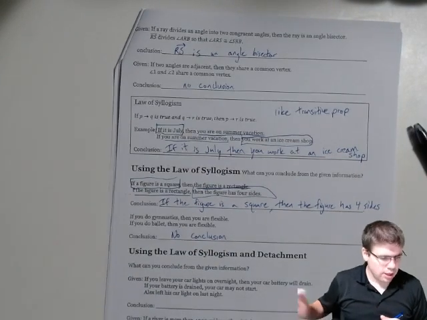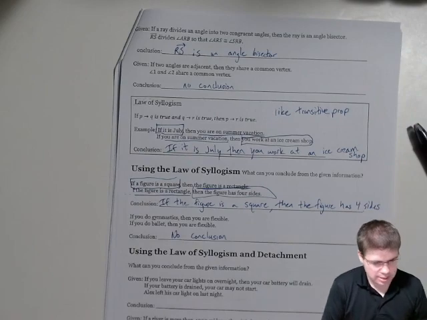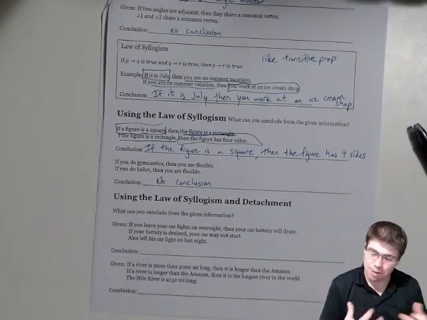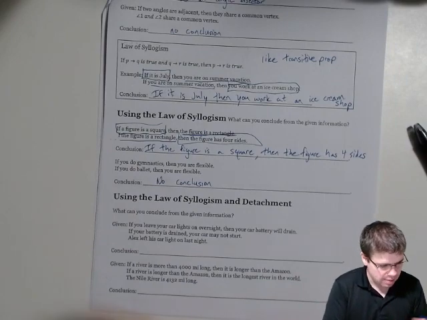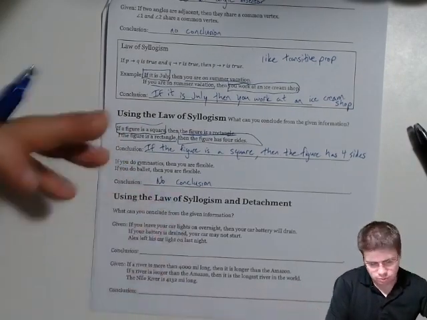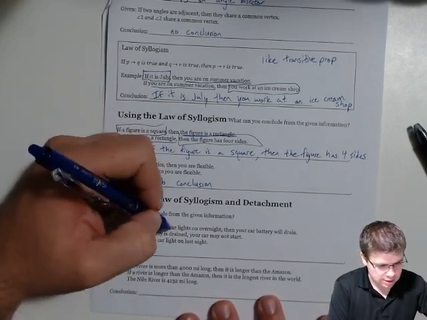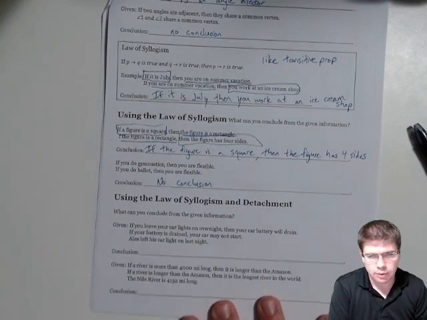All right, so using the laws of syllogism and detachment, what can you conclude from the given information? This gets kind of messy. If you leave your car lights on overnight, then your battery will drain.